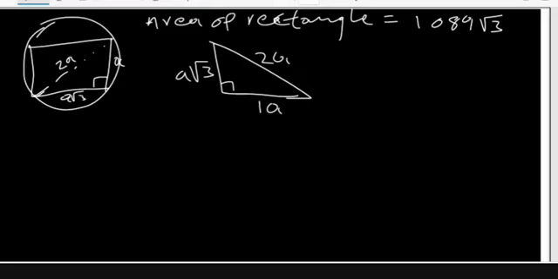So that means this triangle obeys the 30, 60, 90 right angle triangle.